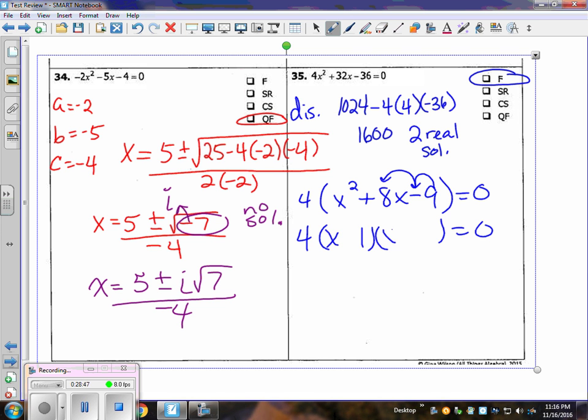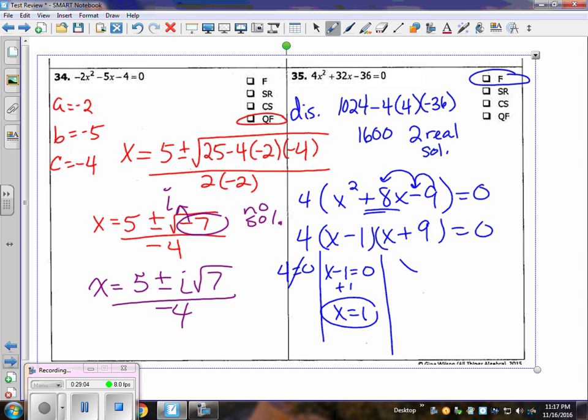That's, of course, 1 and 9. We need a positive 8, so positive 9 minus 1. 4 cannot equal 0. x minus 1 equals 0. We add our 1. So x is 1. Over here, for x plus 9 equals 0, we subtract our 9. And there's our 2 real solutions of 1 and negative 9.